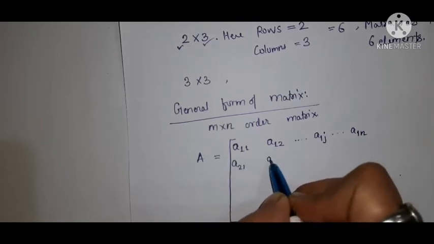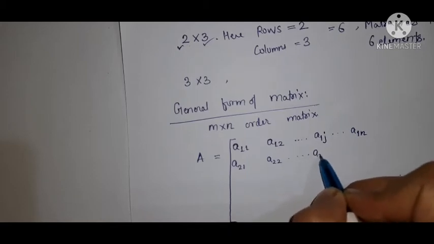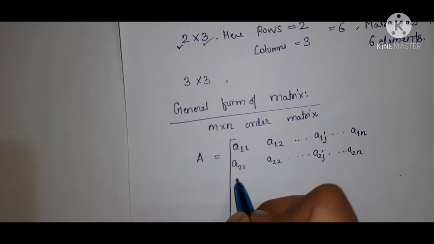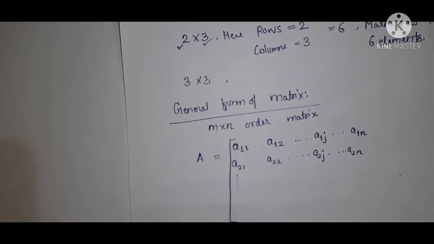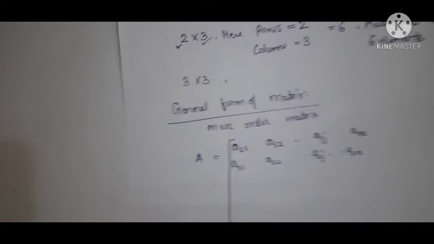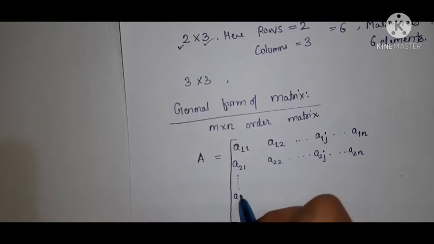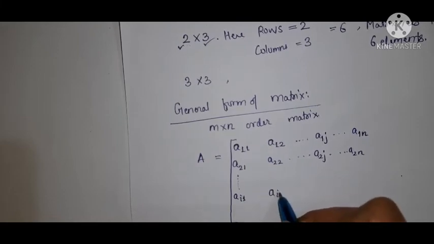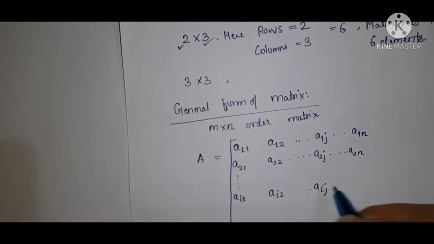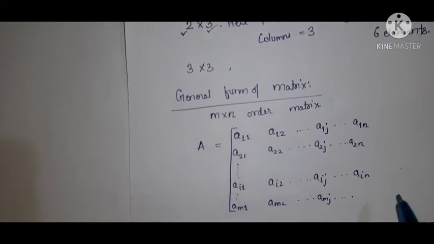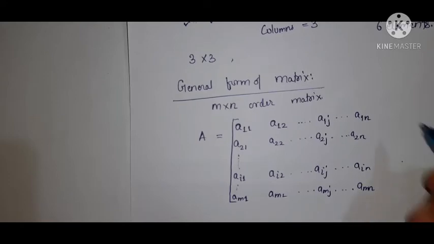Similarly A21, A22, A2j, A2n. In this way we write up to Ai1, Ai2, Aij, Ain, Am1, Am2, Amj up to Amn.